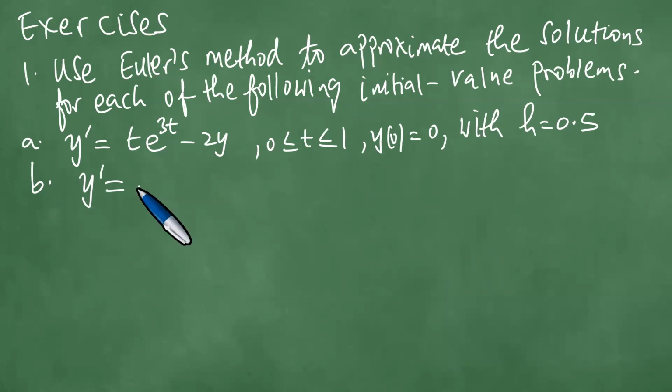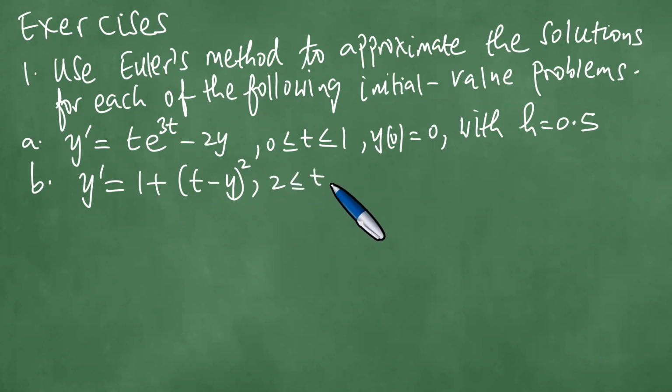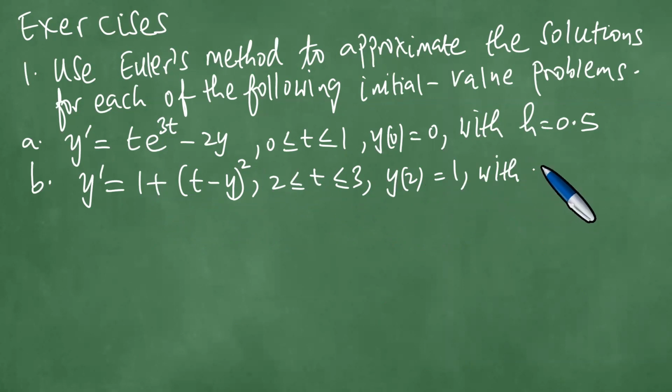Then y prime is t minus y squared, t between 2 and 3, y at 2 is 1, which is the initial value. But what is h for this second question? h is also 0.5.